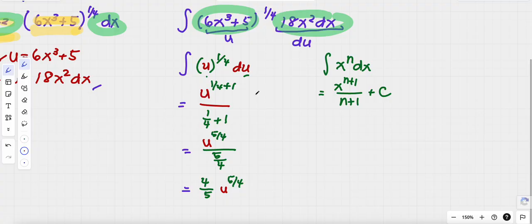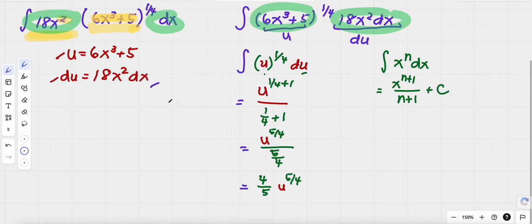The next thing we will do is to restore what u represents. And going back to our definition, or rather the assigned terms, that is 6x cubed plus 5. So to get our final answer, we're going to replace u with 6x cubed plus 5.